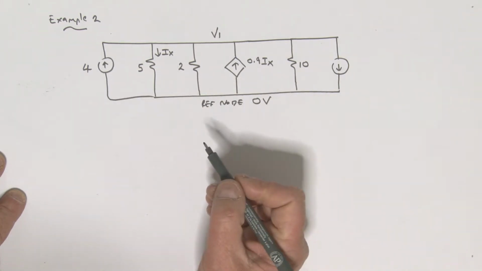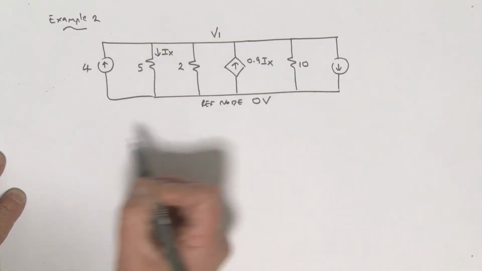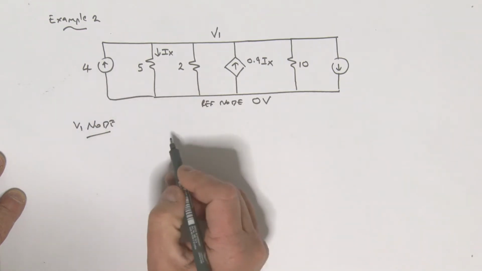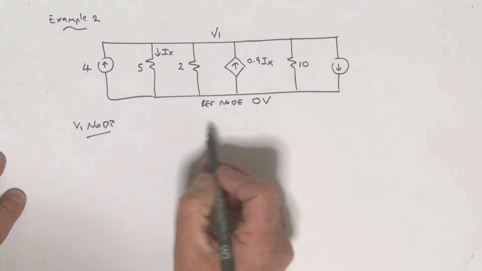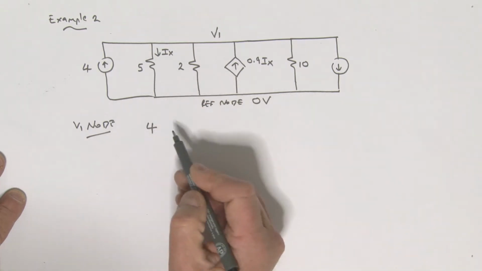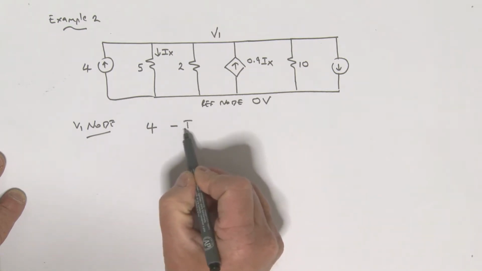So once again, let's start summing currents. What do we have coming into the V1 node? Let's write that down, V1 node. We've got 4 amps coming into that. We've got this current here, IX, and that is a minus IX.